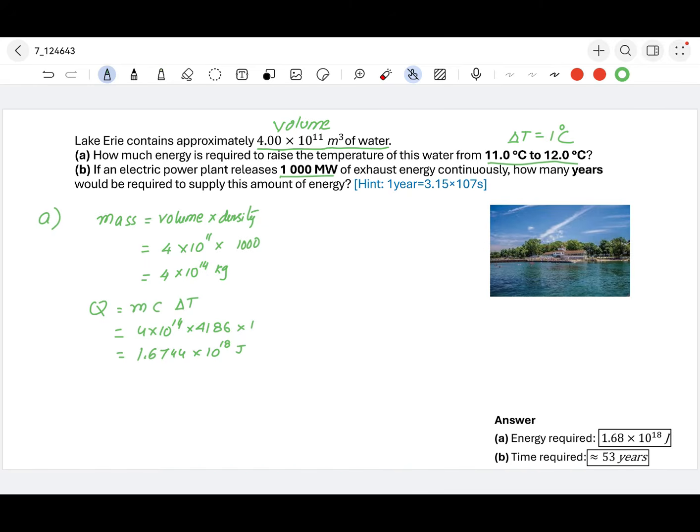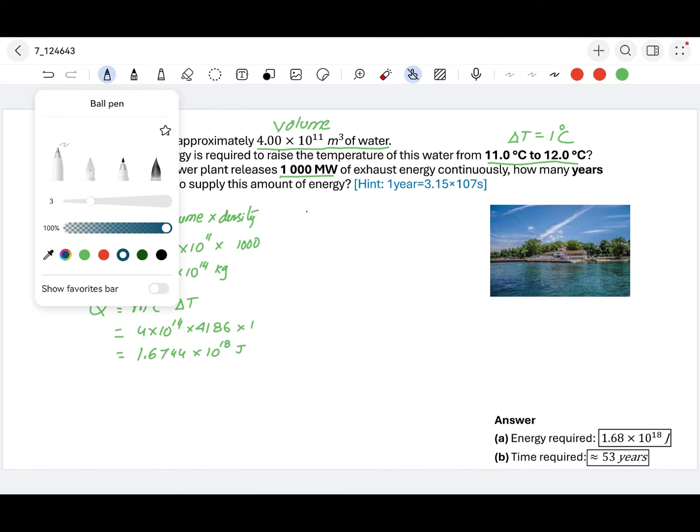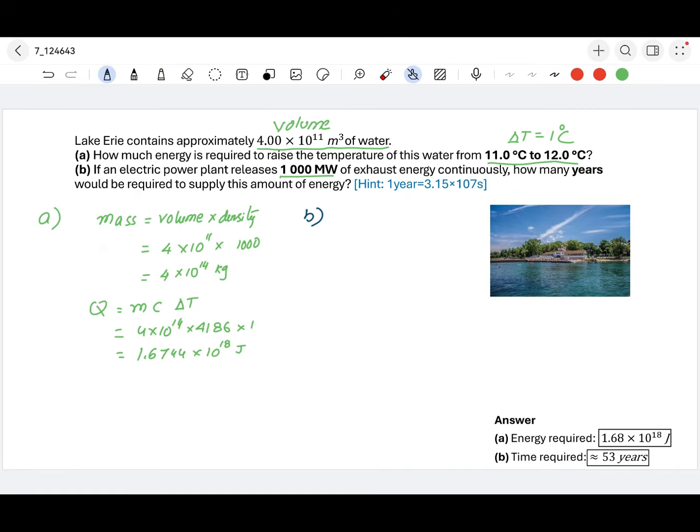So what is given to us? Power is given to us, 1000 mega. Let's write the power first. 1000 megawatt, it's nothing but 1000 times 10 to the power of 6 watt.